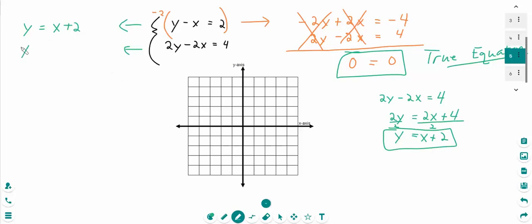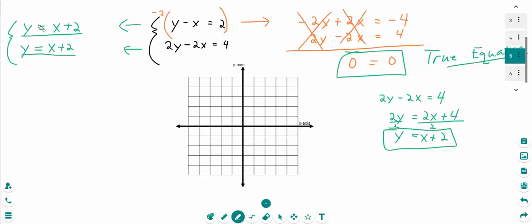So, interesting, look what happened here. y is equal to x plus 2. It turns out that the first equation is the exact same as the second equation. It was just disguised. It didn't look like it necessarily was, but they were in fact the same equation.